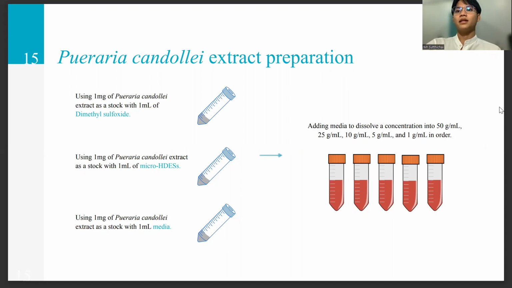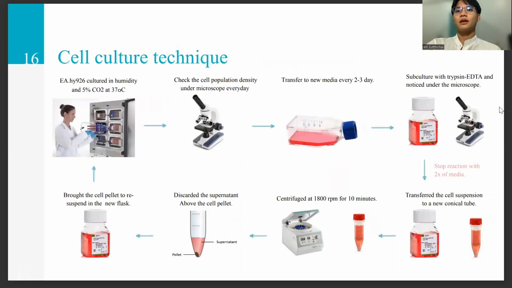Before performing experiments, for the cell culture technique, the endothelial cell line will be cultured in a humidified 5% carbon dioxide incubator at 37 degrees Celsius. Check the cell population density under the microscope every day and transfer to new media every 2 to 3 days.